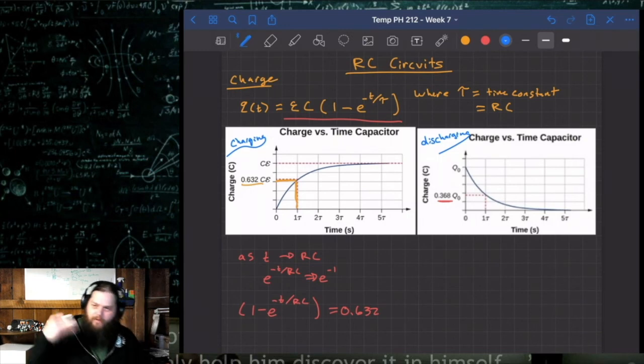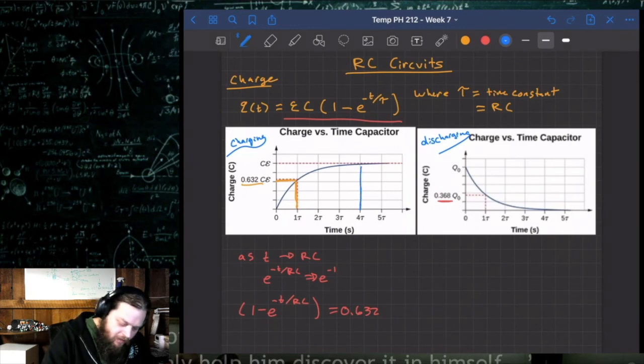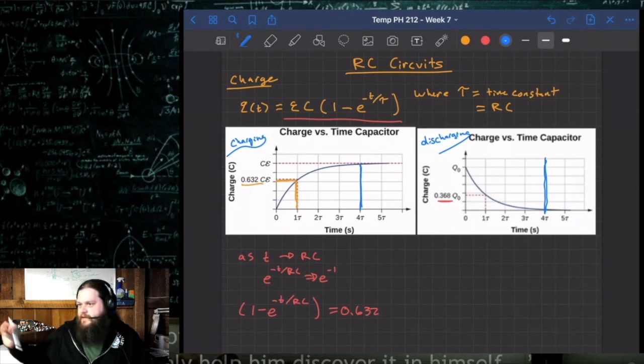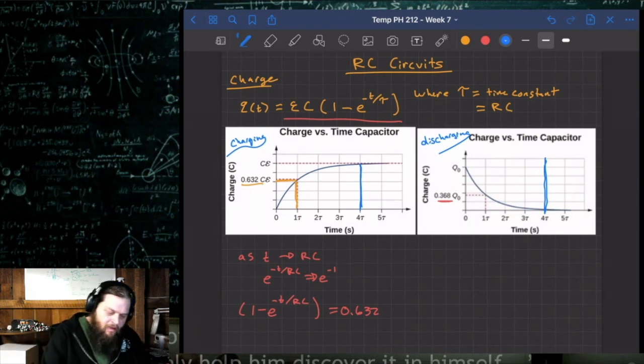So 63% of the total charge on the capacitor is going to be there after one time constant. And notice after about 4 time constants, the capacitor is basically fully charged. Similarly, after 4 time constants, it's about fully discharged. And it's an exponential, so it never really gets fully discharged based on the math, but I'm sure eventually it does get to be a neutral charge.